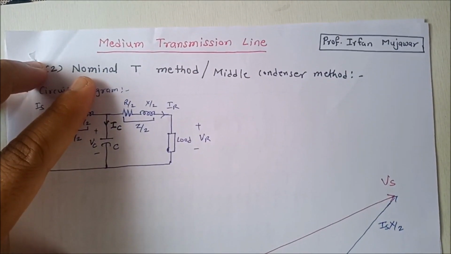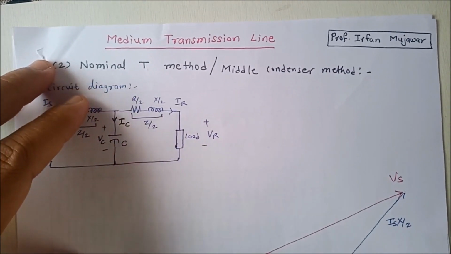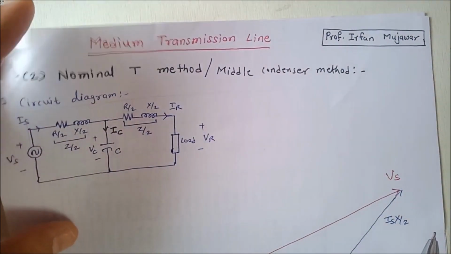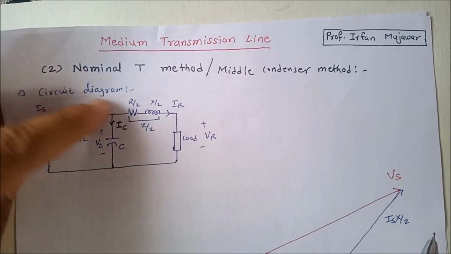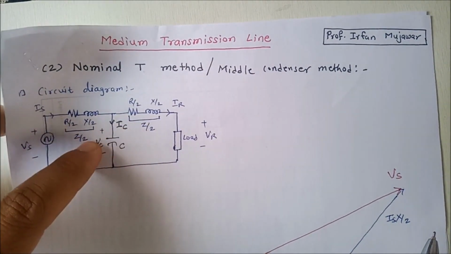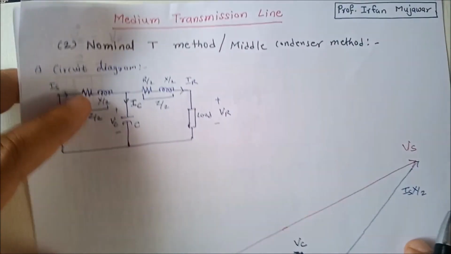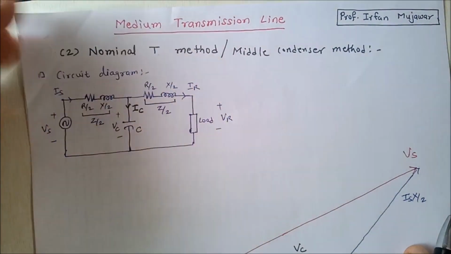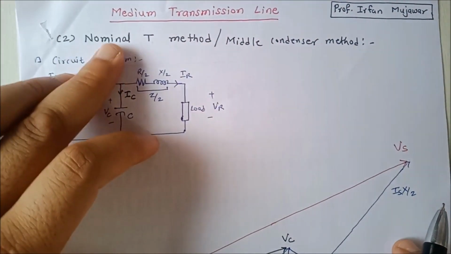Why is the word nominal there? Because the results we get will not be exactly identical, since we are assuming lumped parameters: resistance situated at 2 locations, inductance at 2 locations, and capacitance at 1 location. Therefore the results will not be exact, but will be close to the practical values.